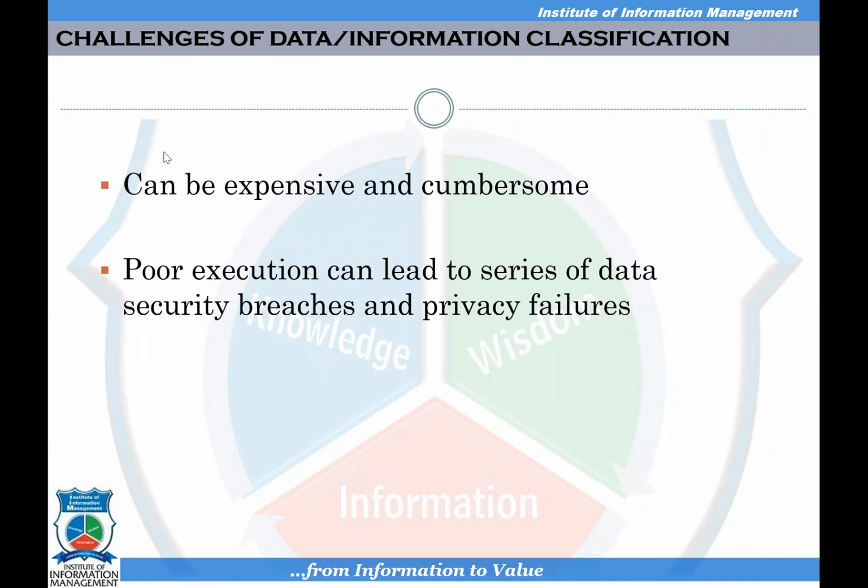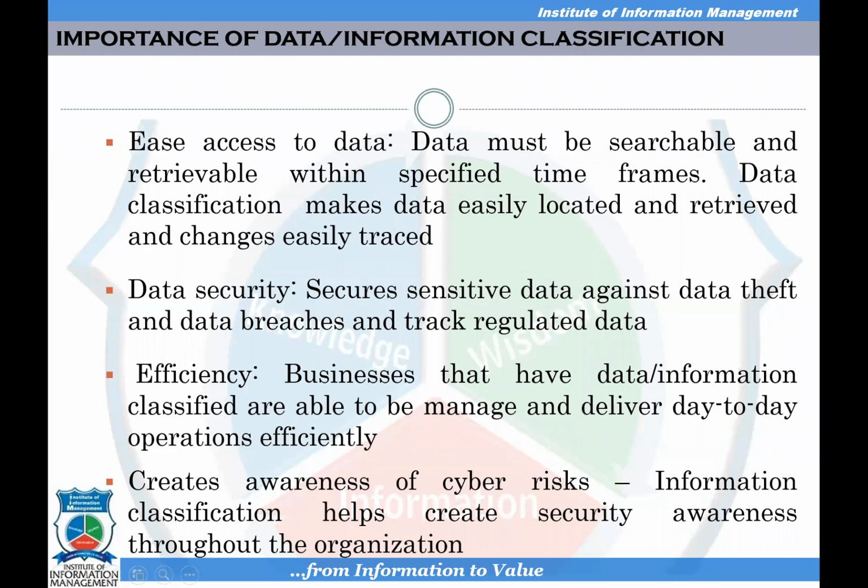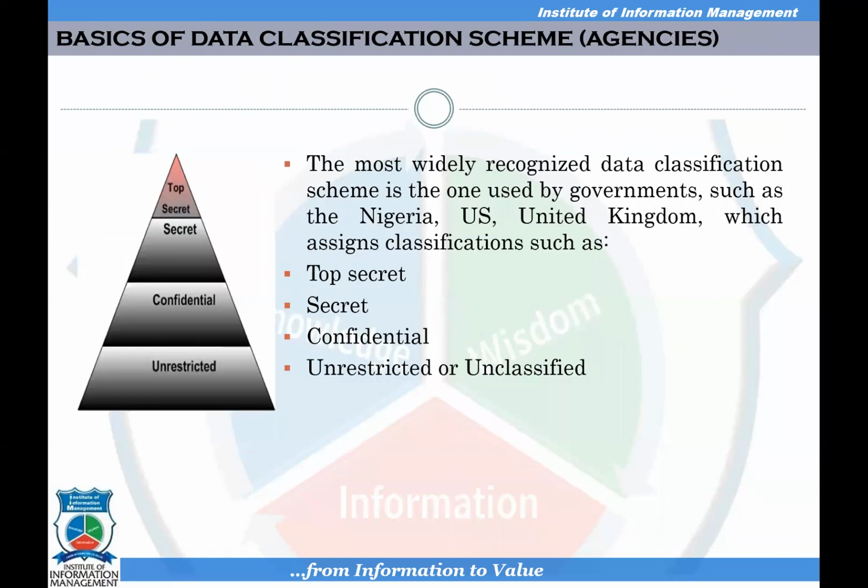In one of your slides, I noticed where you mentioned a classification for data like top secret, secret, unrestricted, and all that. Now, since we can have data that is unstructured, where I don't know the format, will it still be necessary to have this classification for such data?